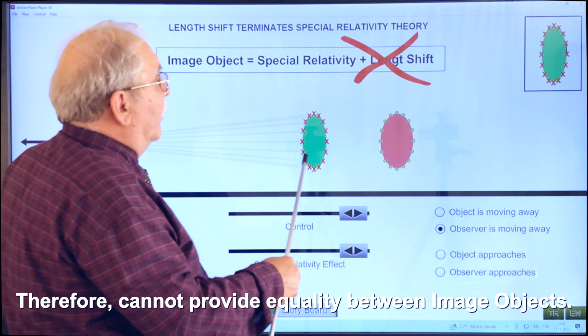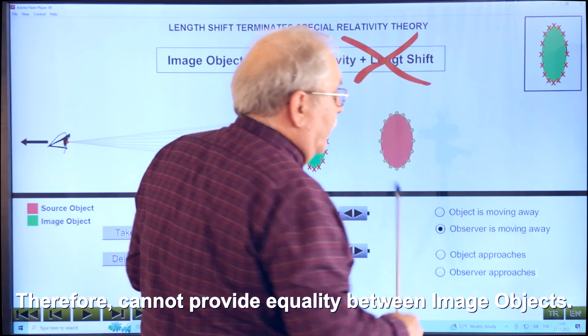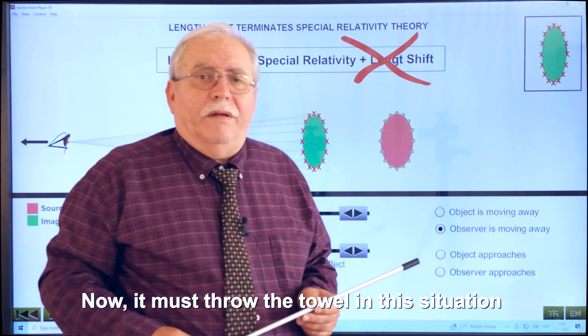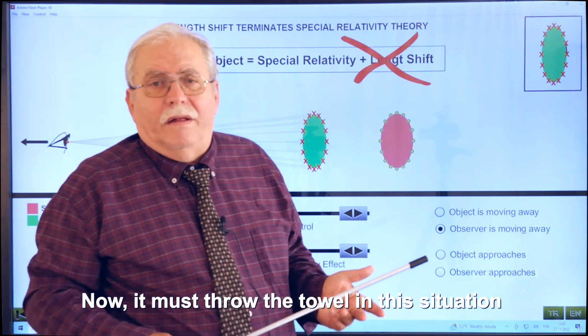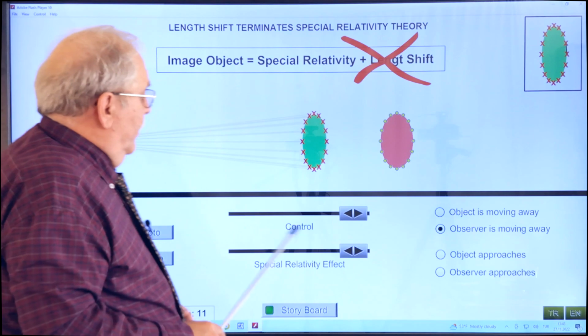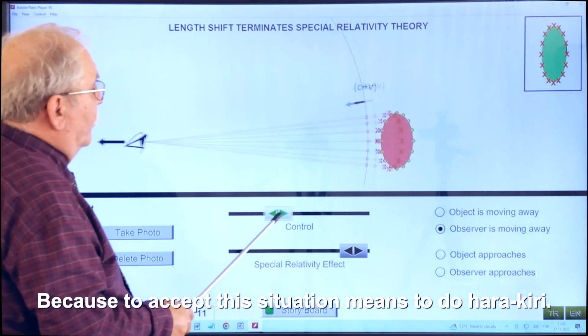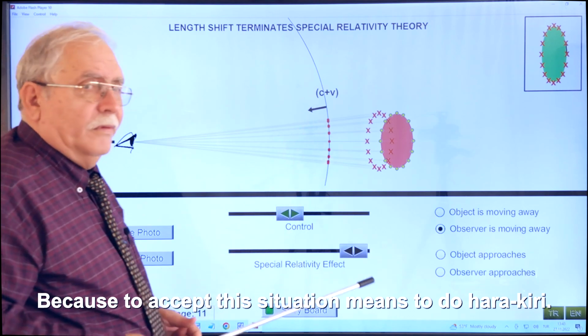Therefore, it cannot provide equality between image objects. Now, it must throw the towel in this situation, because to accept this situation means to do harakiri.